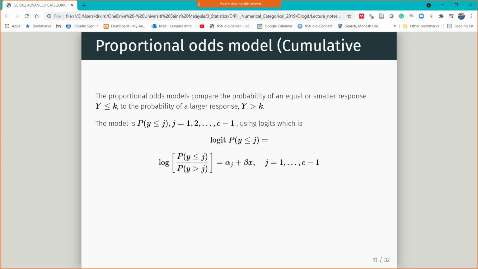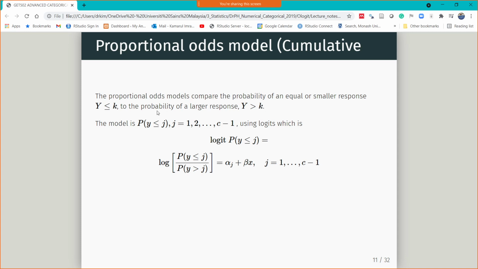The proportional odds model compares the probability of an equal or smaller response, y equal or smaller than k, to the probability of a larger response, y bigger than k. Again, this depends on the statistician, the books, and the software, because you can flip this formula around and it means the same thing, just a different approach.